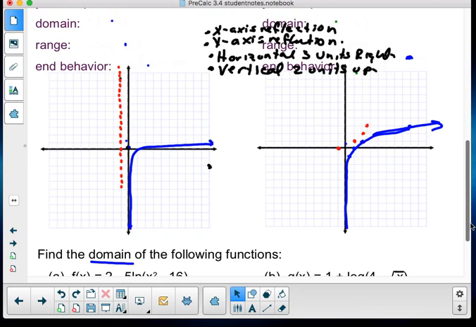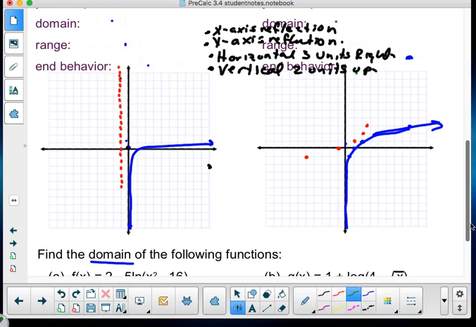Okay. Now I've got 8, 3. X-axis reflection, 3. Y-axis reflection, 8. Back 3, up 2, and I'm there.